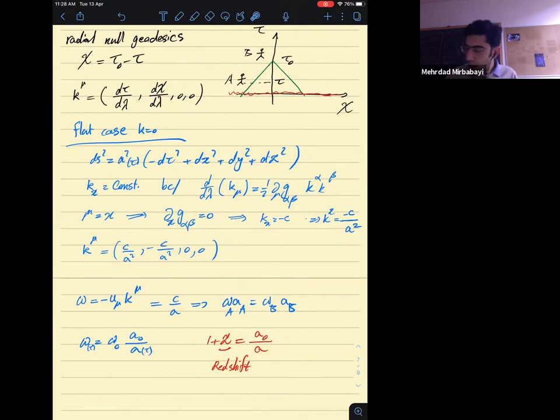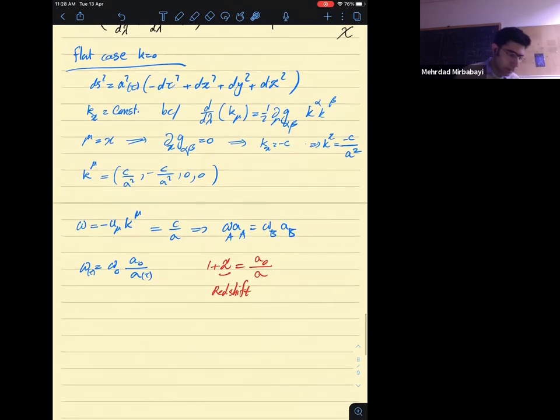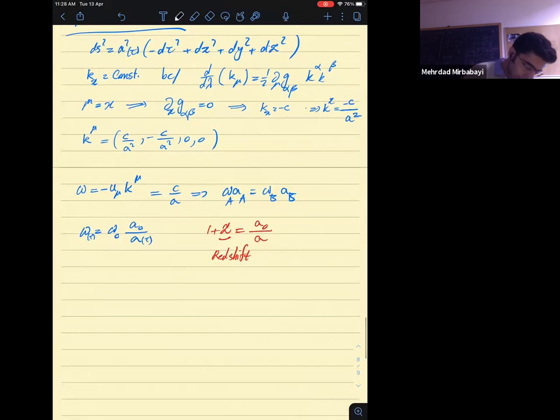Now maybe let me do one extra step still in this flat cosmology situation. So let's consider this example of matter domination. In matter domination, previously we solved tau as a function of t, the cosmic time.